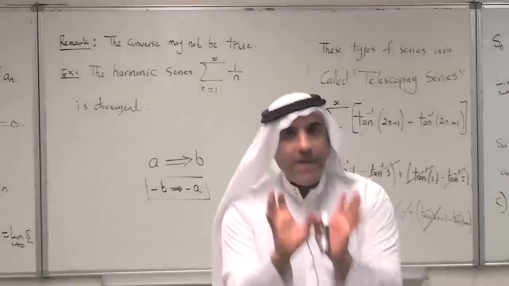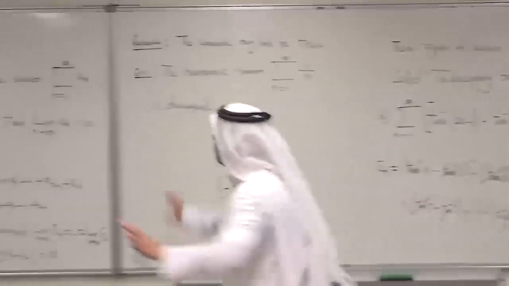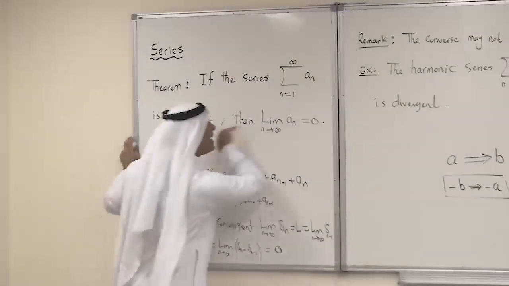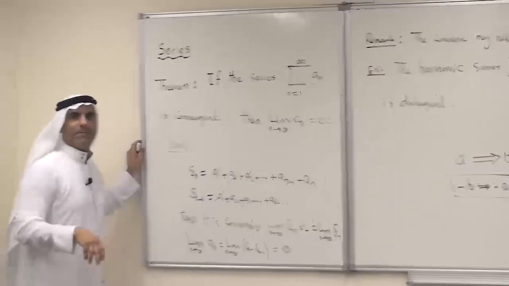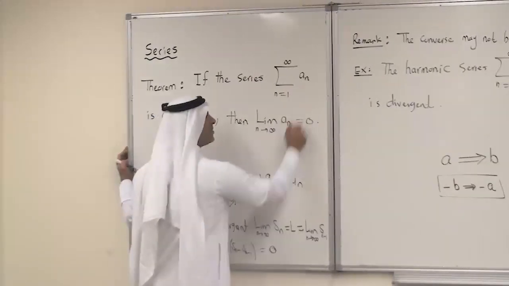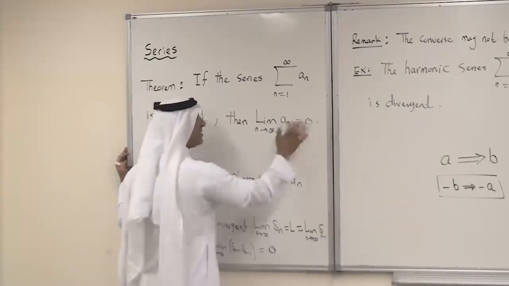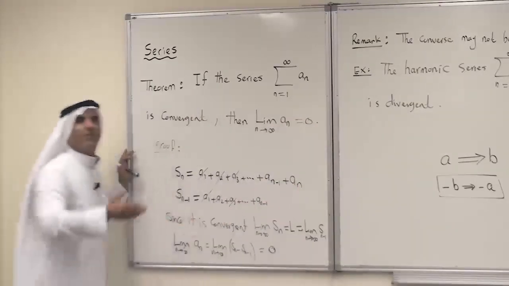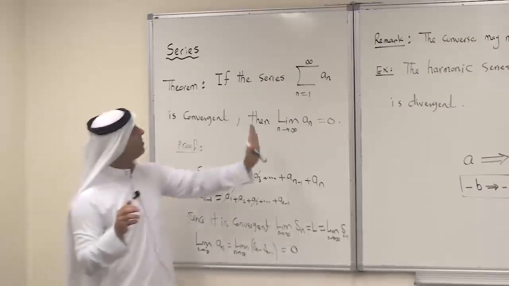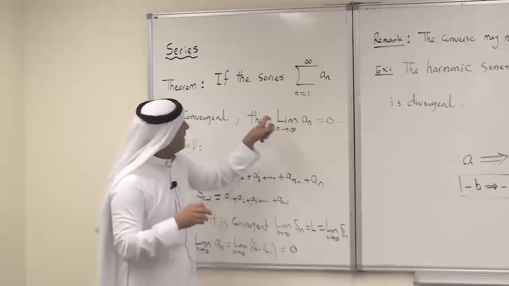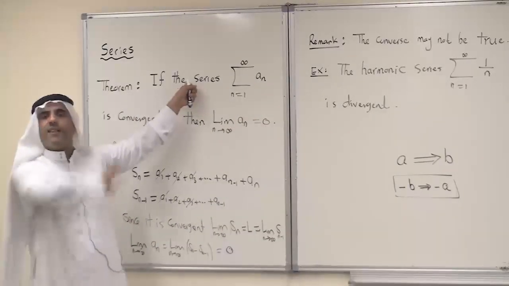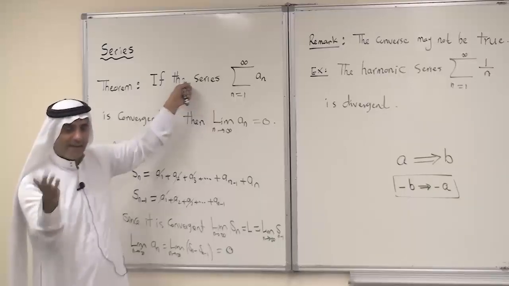If we apply the same argument here, we say if the series is convergent, the limit is equal to 0. What is the contrapositive of this? If the limit is not equal to 0 or does not exist, what is the conclusion? The series is not convergent, meaning it is divergent.